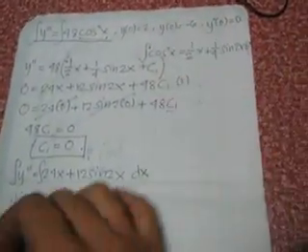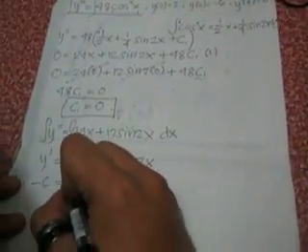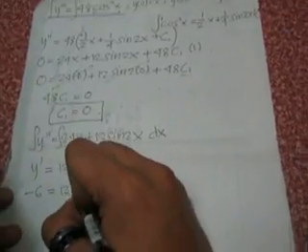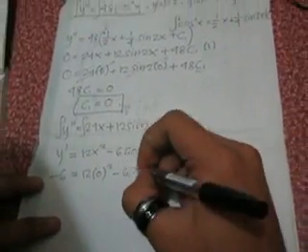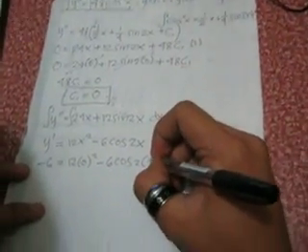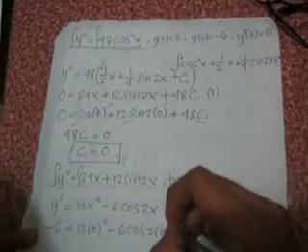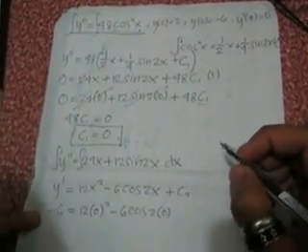So putting it into the equation, negative 6 is equal to 12 times 0 raised to 2 minus 6 cosine 2 times 0 plus c2, the second constant that we have.